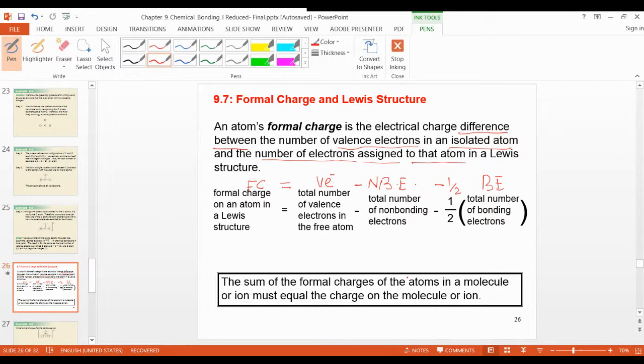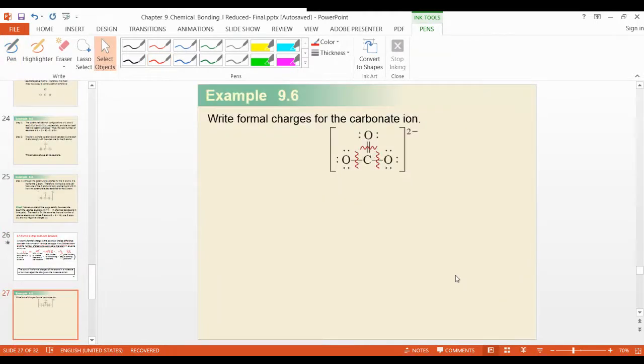The sum of the formal charges of the atoms in a molecule or ion must equal the charge on the molecule or ion. Okay, I will explain now one by one.